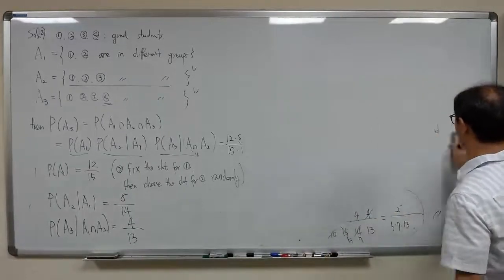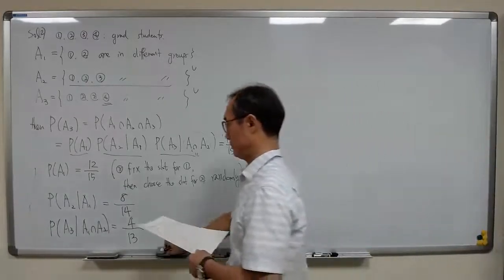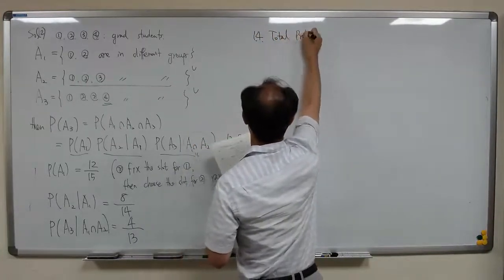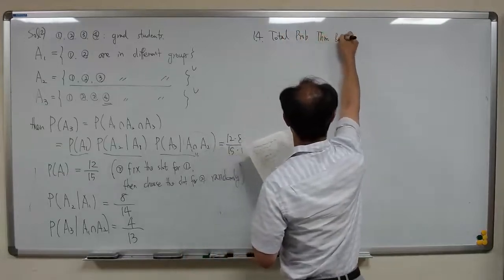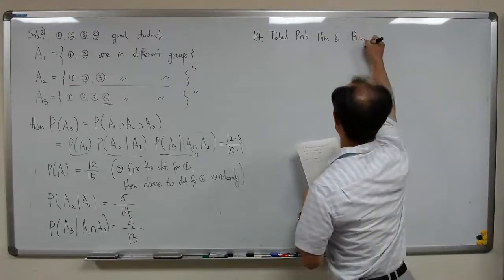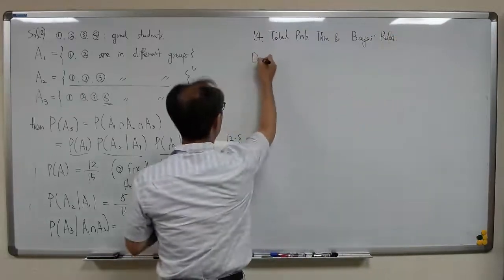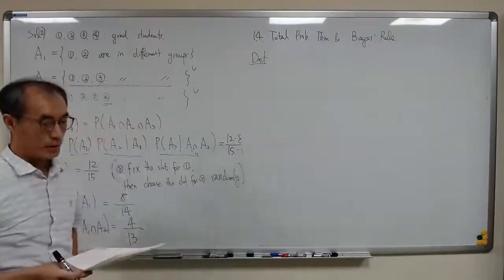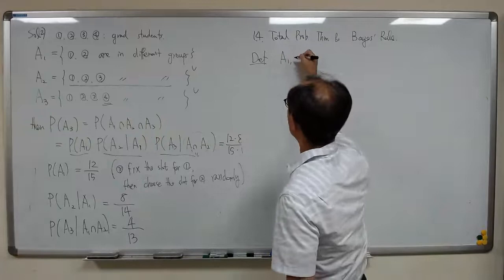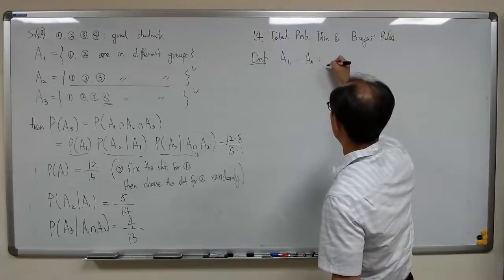Now let me move to the next topic, which is the total probability and the Bayes rule. In this section, we're going to discuss the total probability theorem and Bayes theorem. First, let me define the concept of a partition of the sample space. Suppose A1 up to AN is a collection of events.